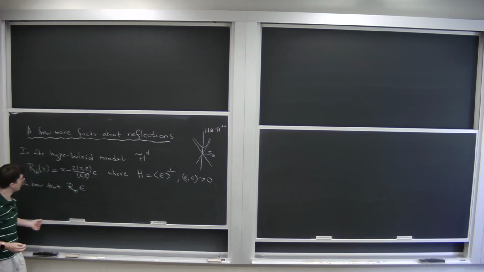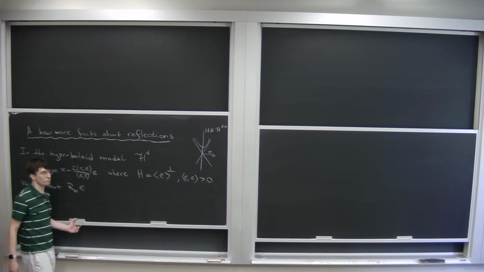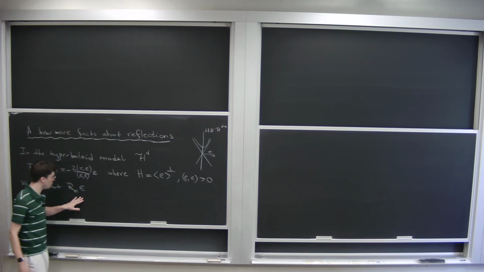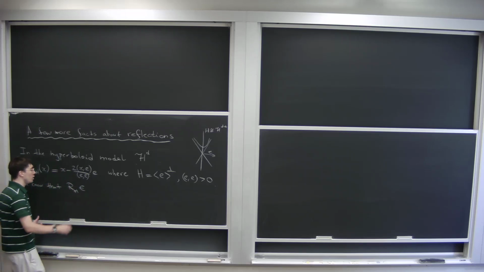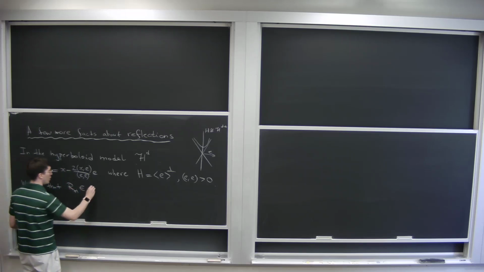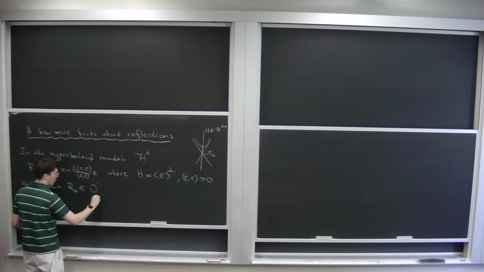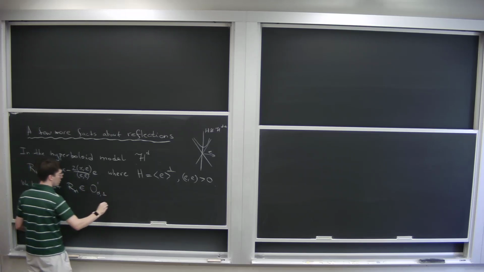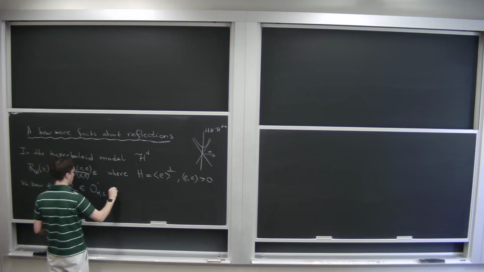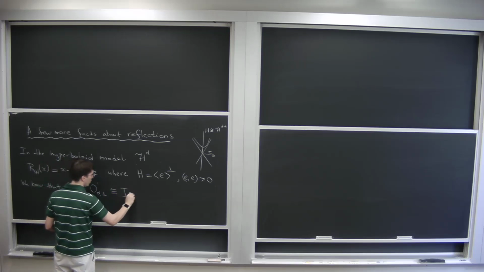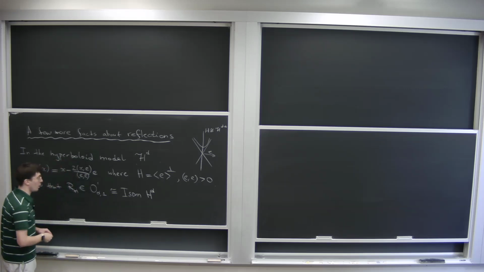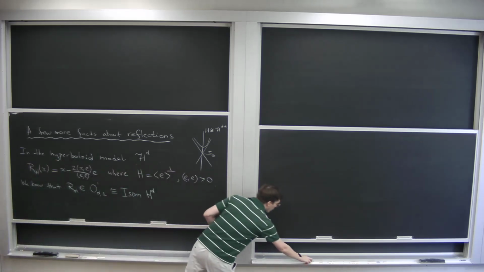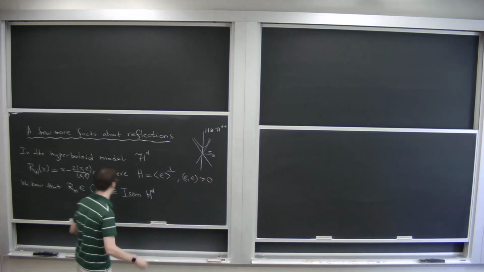My goal is to show that O'(D,1) coincides with the full isometry group of the hyperbolic space H^D.